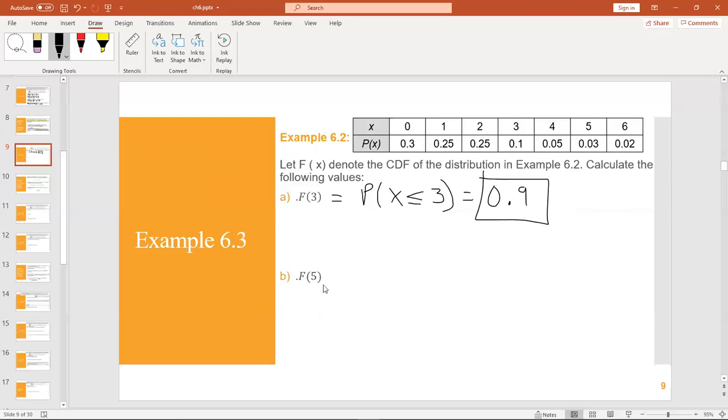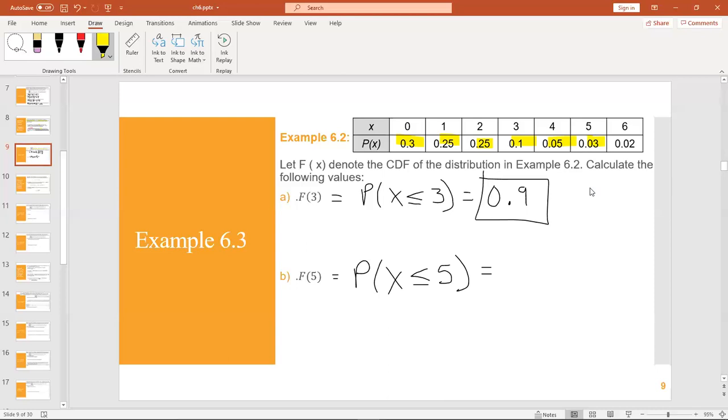The cumulative distribution function for F of 5, that's basically another way of saying the probability that x is less than or equal to 5. So that's basically going to be everything, this one, this one, this one, this one, this one, and this one. You can add those all up individually.